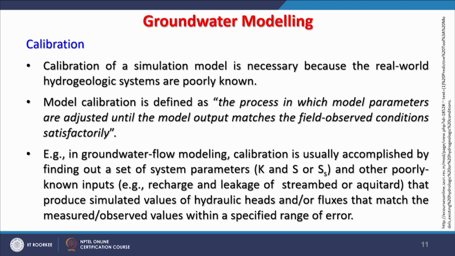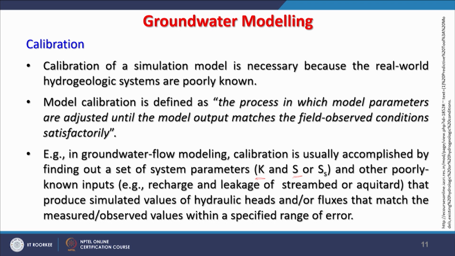For example, in groundwater flow modeling, calibration is usually accomplished by finding a set of system parameters like K, hydraulic conductivity, and storativity, and other poorly known inputs, for example recharge and leaky stream or aquifer, because information about the recharge characteristics of an aquifer might not be there.